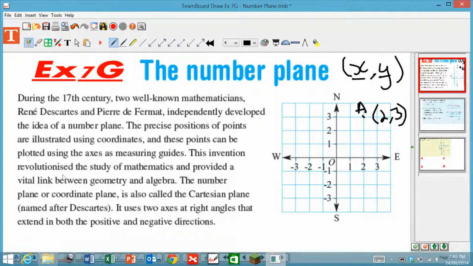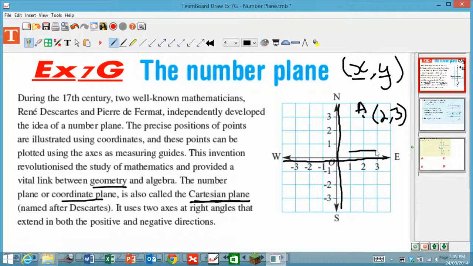This invention revolutionized the study of mathematics and provided a vital link between geometry, shapes, and algebra. The number plane or coordinate plane is also known as a Cartesian plane. It uses two axes at right angles that extend in both positive and negative directions.